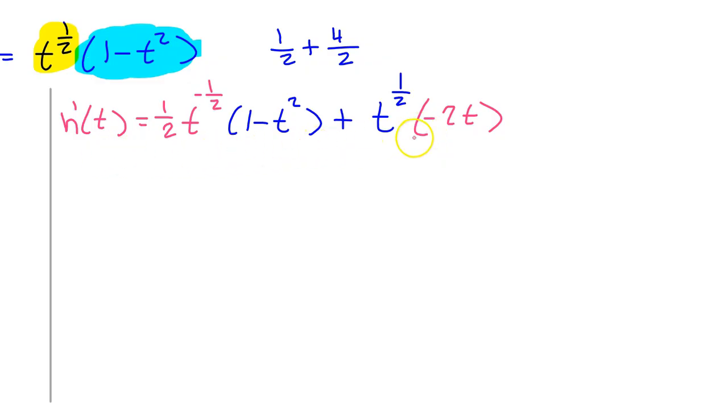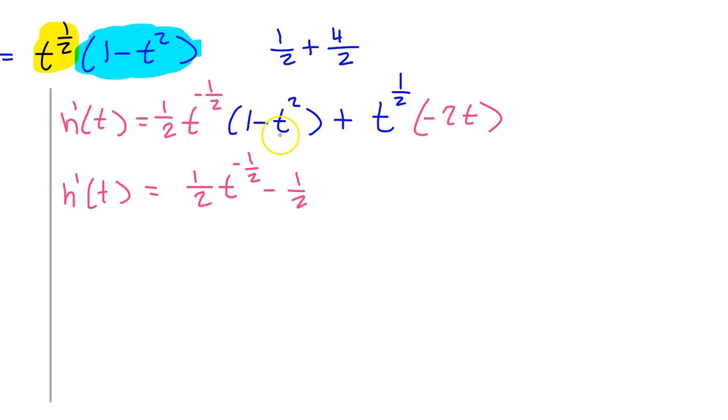If this was a multiple choice question, the answer is not going to look like this. So you would distribute this monomial in front of the 1 minus t squared. So we have h prime of t equals, obviously this times 1 is just 1/2 t to the negative 1/2 power. When we multiply times the second term, we'll have minus 1/2.